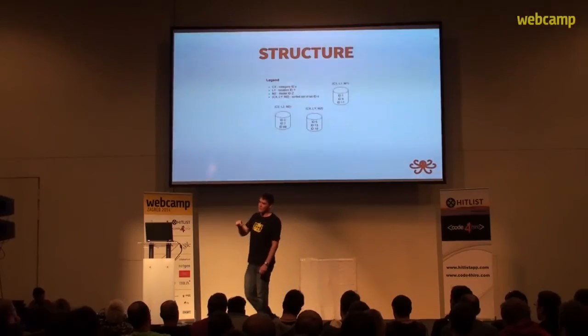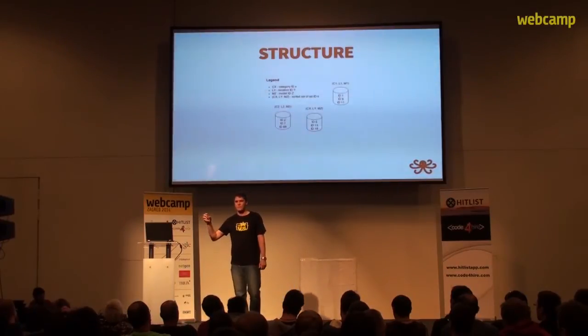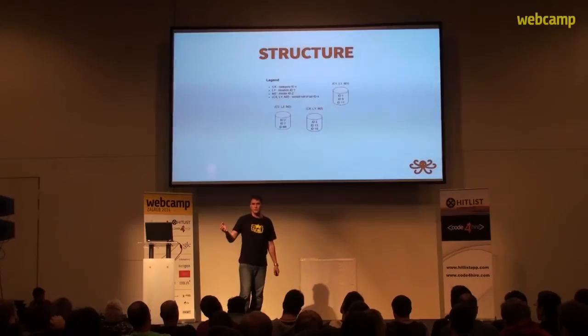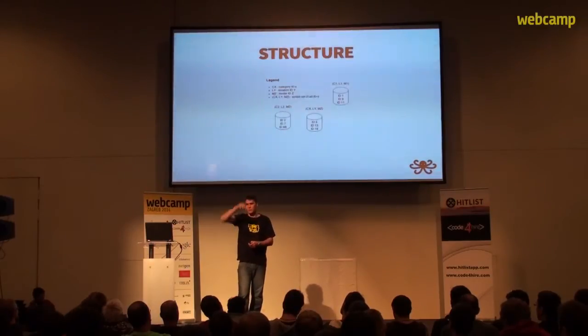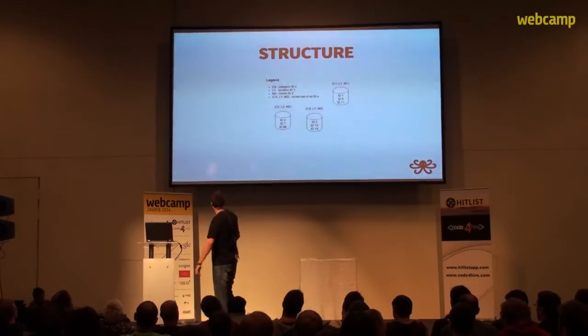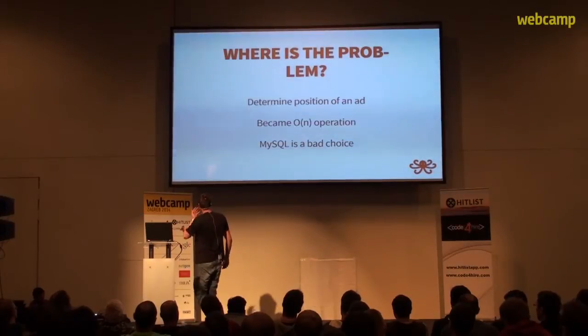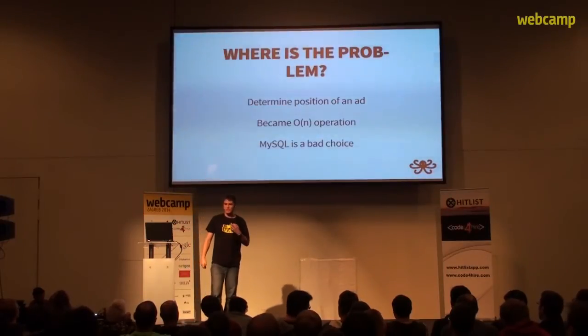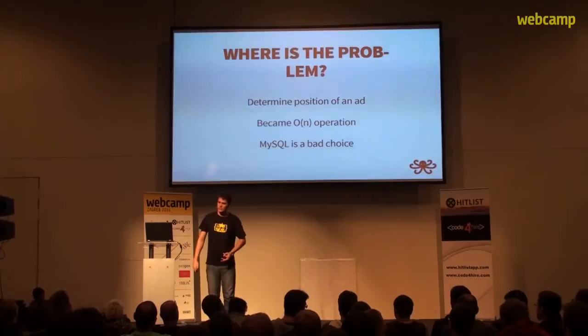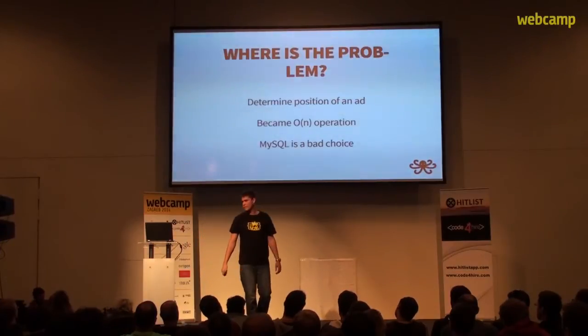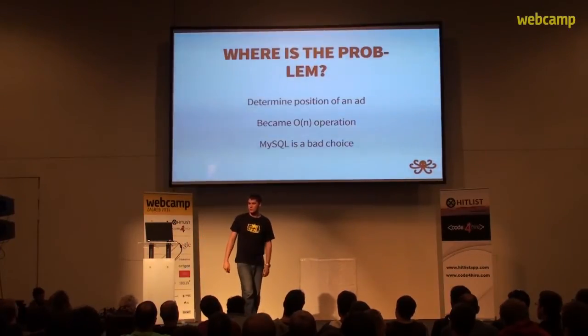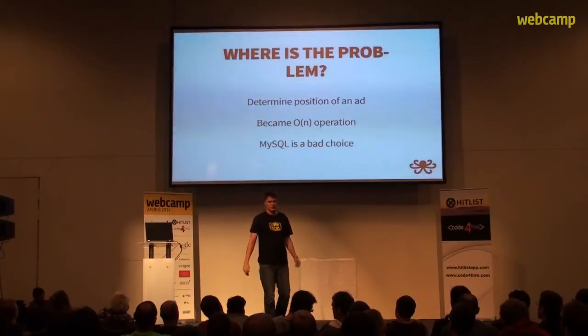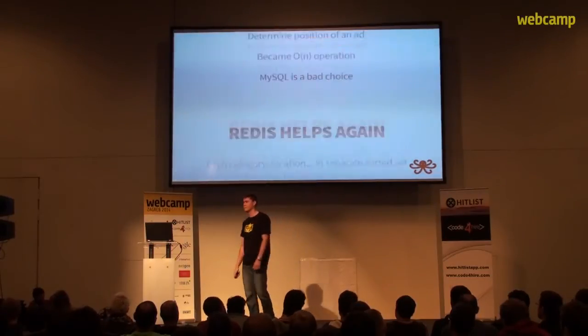For example, if ad had position number 3, after push-up, it would have position 4 because now 1 is on the top of it all. So basically, it became a linear time complexity problem, and MySQL is a bad choice. There were just too many row operations, there were system admins who were crying for help.